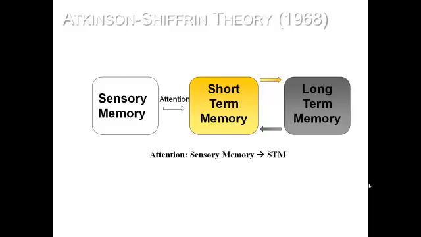So we pay attention to this information with the purpose of trying to store it into our next phase, our short-term memory, to try to then see what we want to do with this information. Do we want to use it just temporarily, or do we want to store it for a long period of time?